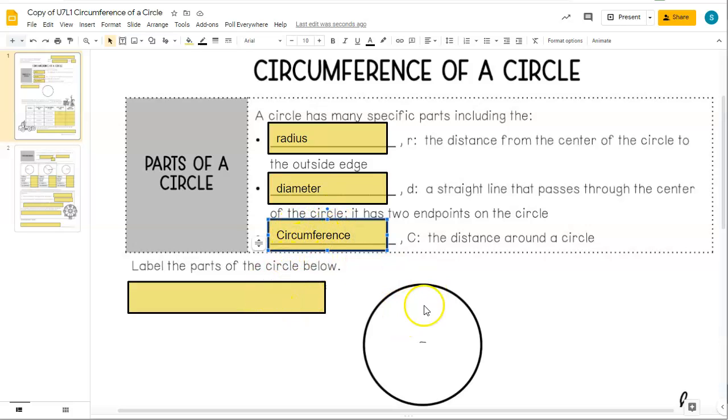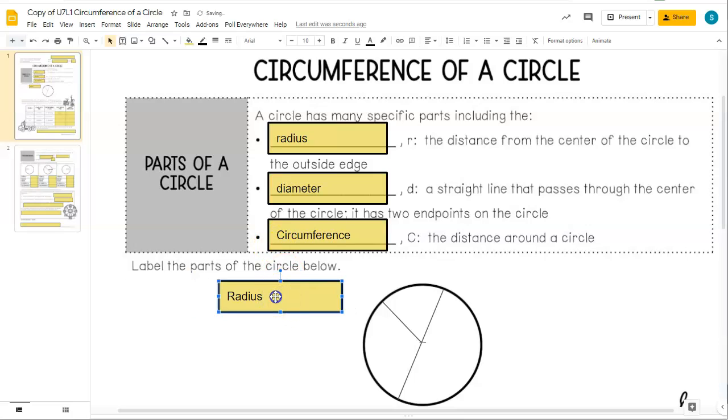Now, we want to label the parts of that circle, which means we need to draw them. So I'm going to grab my line tool here. I'm going to start with my diameter, and I'm going to put that here, going through the middle. Then I'm going to add another one going from my middle point out to the edge. Our first term we saw was the radius. Now I can make this smaller, move this over here, and use some arrows.